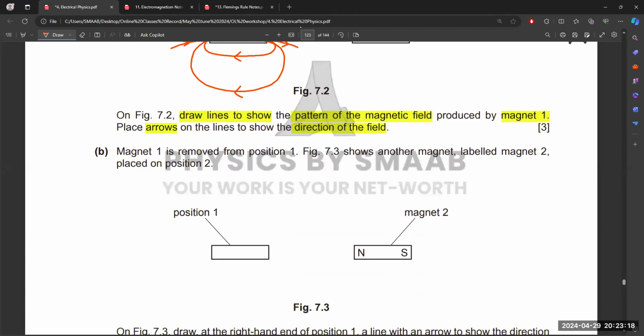Magnet 1 is removed from position 1, and figure 7.3 shows another magnet. Draw and label magnet 2 placed on position 2. Okay, so now we have magnet 2 placed on position 2.